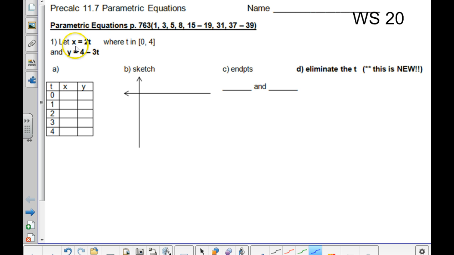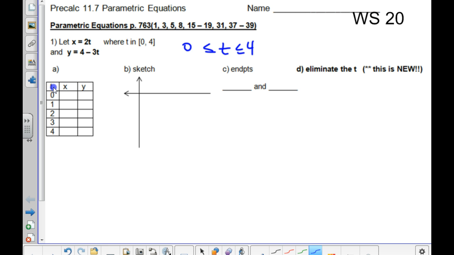Remember when we said things like let x equal 2 times t, where t is defined to be, and it might have said it like this. But I just wrote it in interval notation because I was being lazy. And y is 4 minus 3t, and then I even went over here and put down a few points for us.